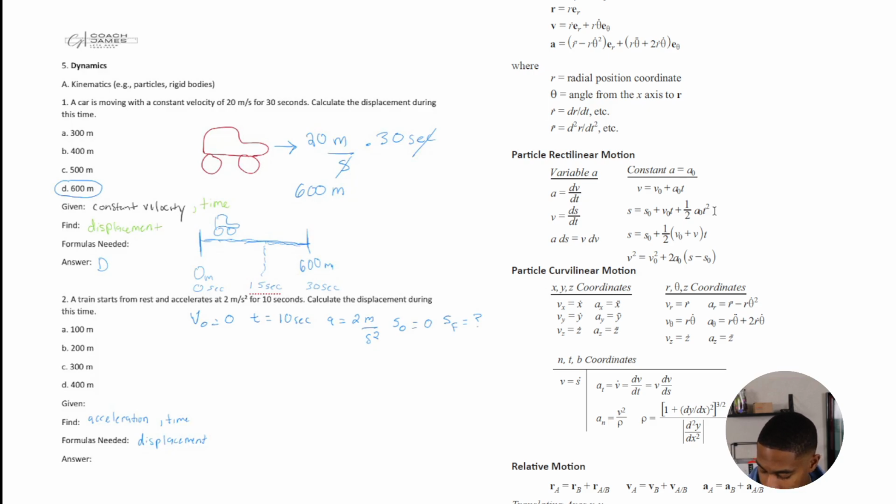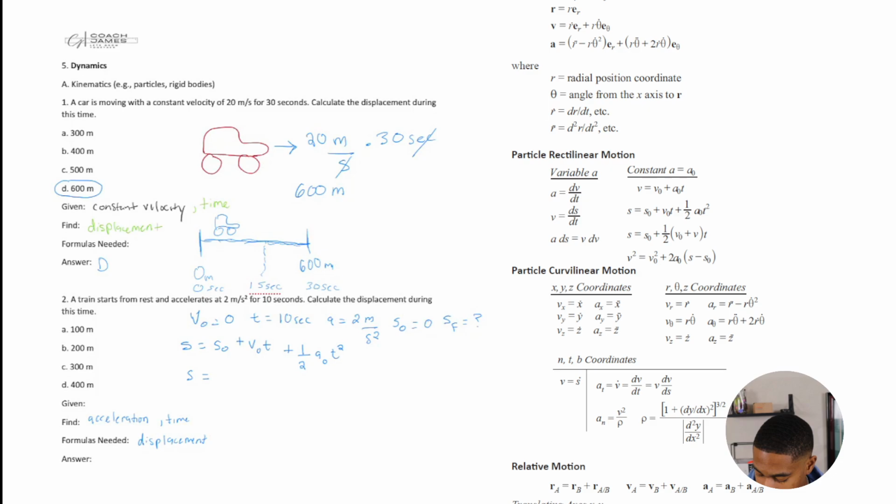So let's write it out. S is equal to S0 plus V0 times T plus 1/2 A0 T squared. Okay, perfect. All right, so let's plug these in.